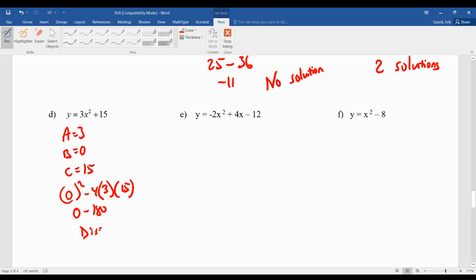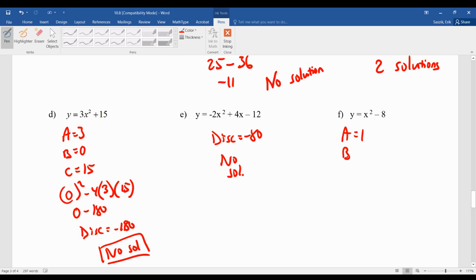You get a discriminant of -180. Remember, negative discriminant means no solution. This one here you can do yourself. Discriminant ends up being -80, which means no solution as well.